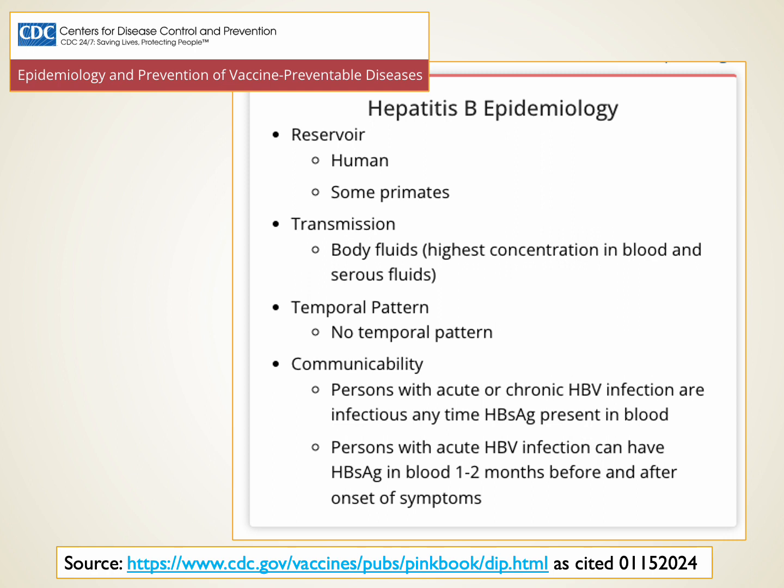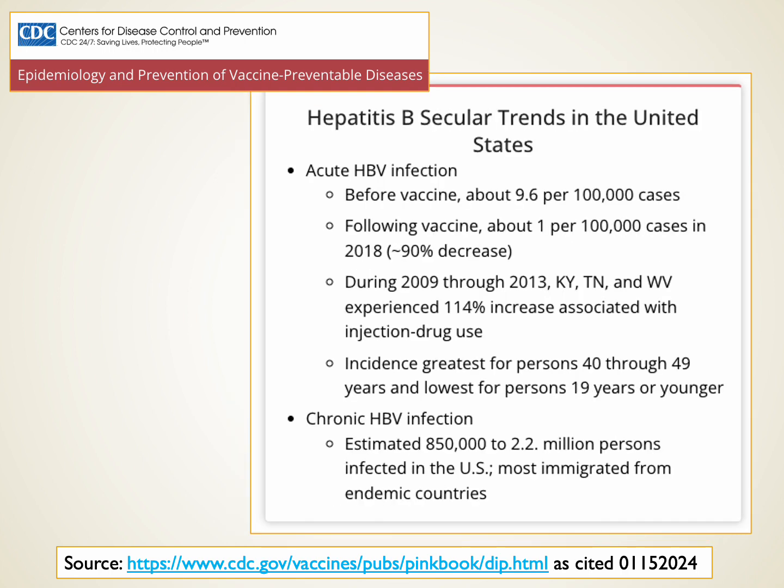It can be communicable through mucous membrane transmission as well as IV or blood transmission. The trends: before the vaccine, there were many more cases than post-vaccine. It's very common for most people in the population to have Hep B vaccination.